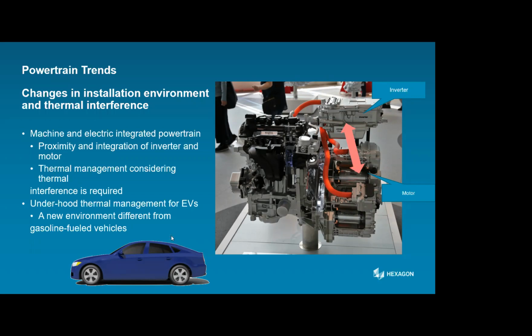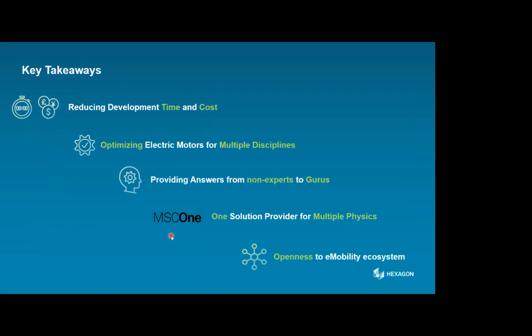So if I want to leave you with some key takeaways, keep in mind that our solution provides time development and cost saving, leading to better productivity and optimizing e-motors for multiple disciplines.